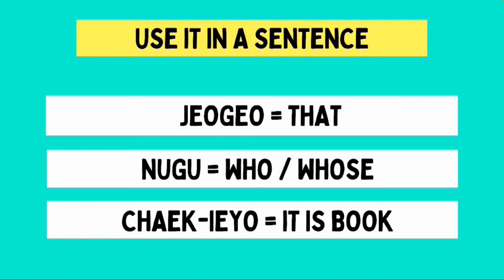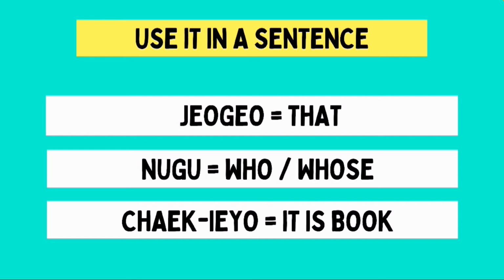So when we try to combine 저거 and 책이에요, it's the same as declaring that that is a book, or that thing over there is a book. When we added 저거, it's the same as indicating that the object that we're trying to talk about is located far from the speaker and the listener.